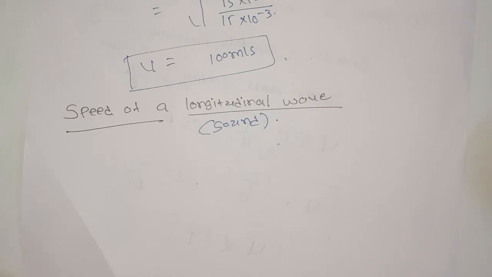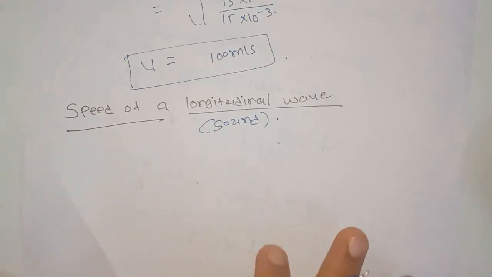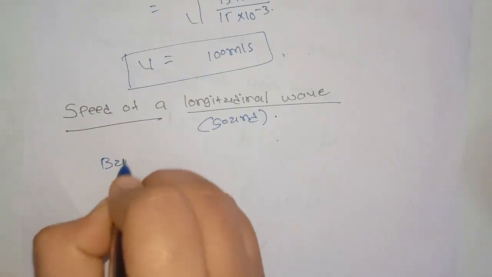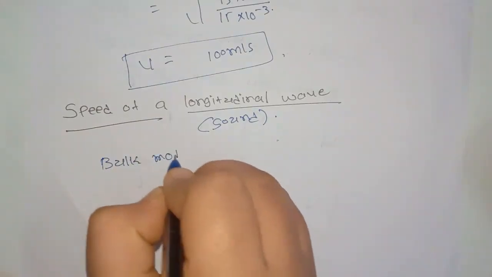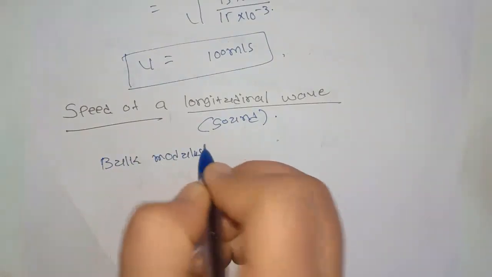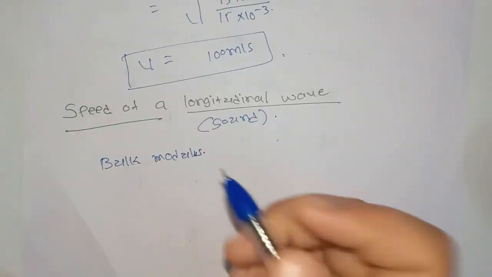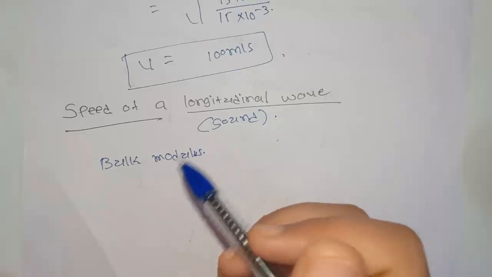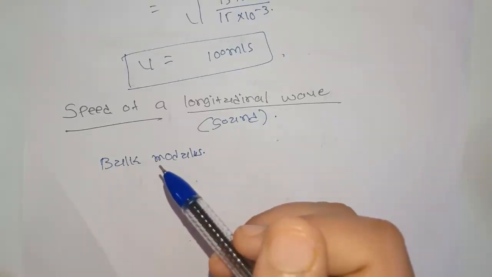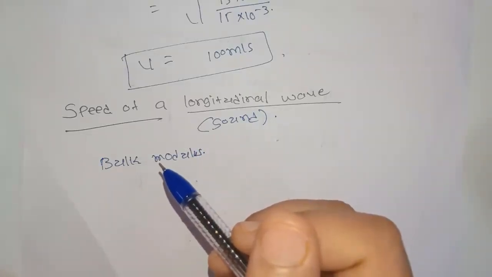Longitudinal waves, such as sound, travel in the form of compression and rarefaction. Therefore, the bulk modulus of the medium can be associated with the elastic property of a medium, because due to compression and rarefaction there will be change in pressure.